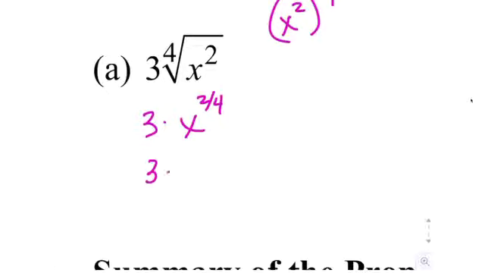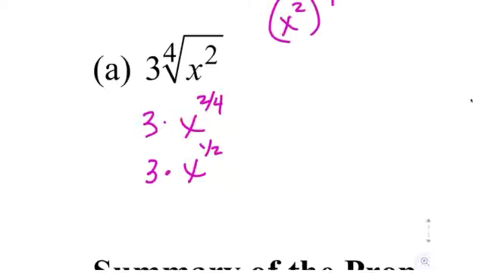Now, it's easy to see that, hey, 2/4 is the same as what? 1/2. So 3x to the 1/2 is a fine place to stop, but here's kind of a rule of thumb. If it's an expression with variables, if it starts in radical form, we want to end it up in radical form. Putting it as rational exponents is just a medium to help us simplify it.